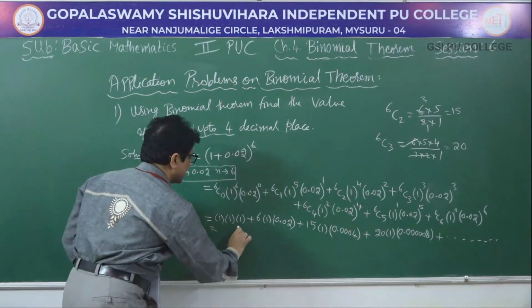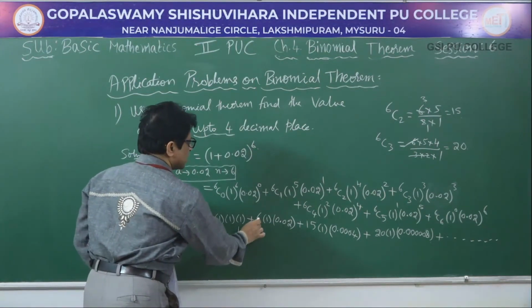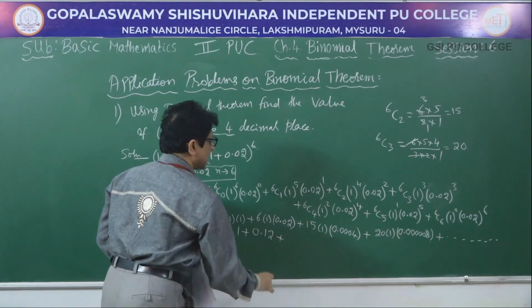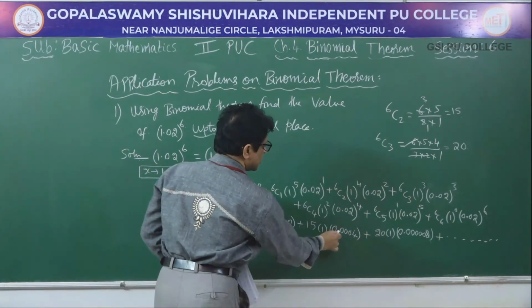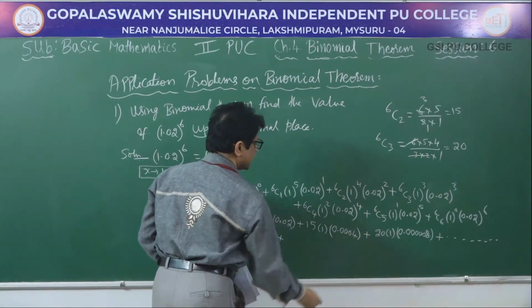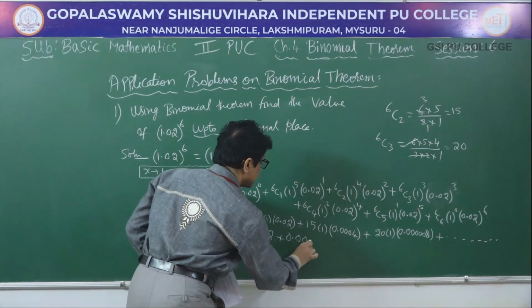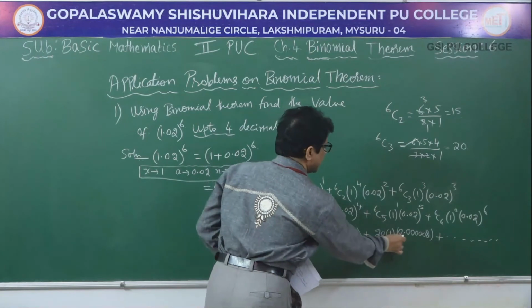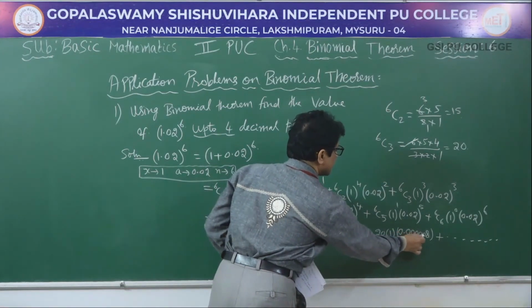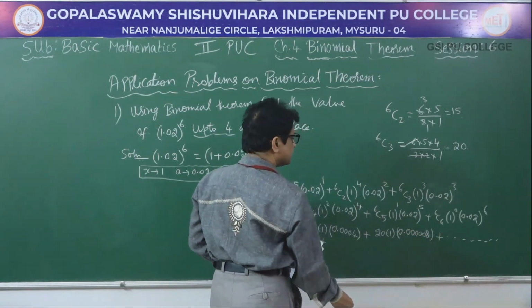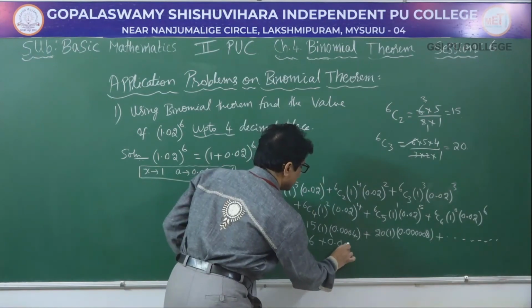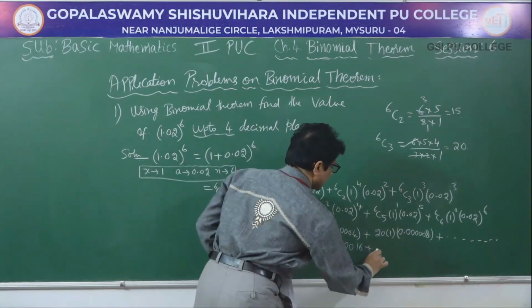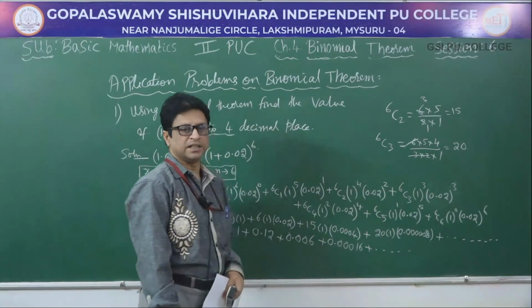So that will be equal to 1 plus 6 into 0.02, which is 0.12, plus 15 into 0.0004, which is 0.006, plus 20 into 0.000008, which will be equal to 0.00016, plus ignoring the other terms.